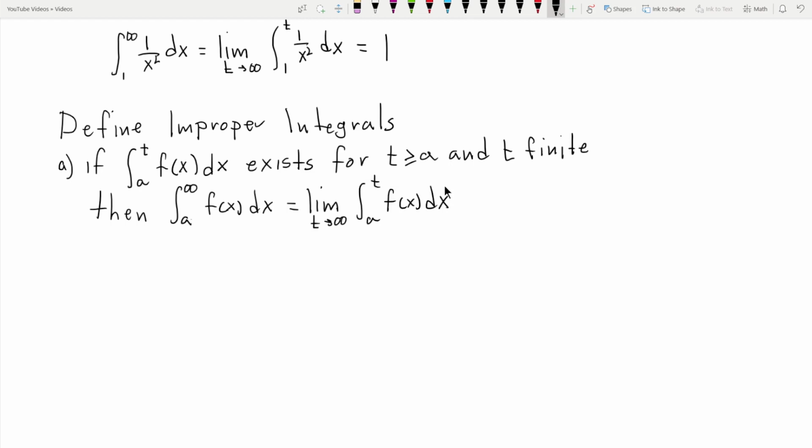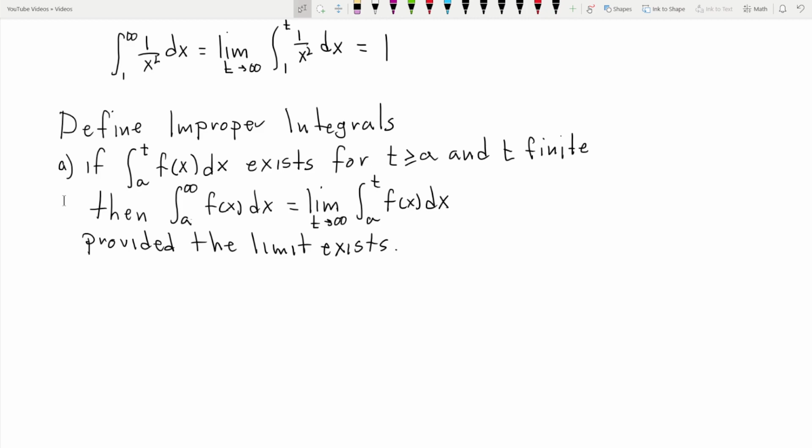Now, we're allowed to make that equality provided the finite antiderivative exists for every value of t greater than a. Every time you stop, you can actually calculate the antiderivative. Now, that doesn't necessarily mean that the limit's going to exist. So this is provided the limit exists. And we'll see some examples in a little while where it works and where it doesn't. It has to exist, and by exist I mean that it's a finite number.